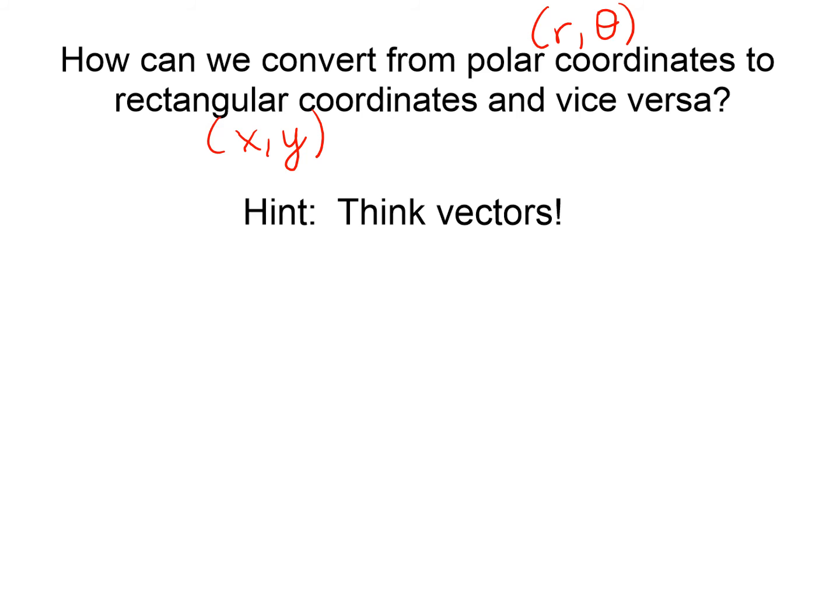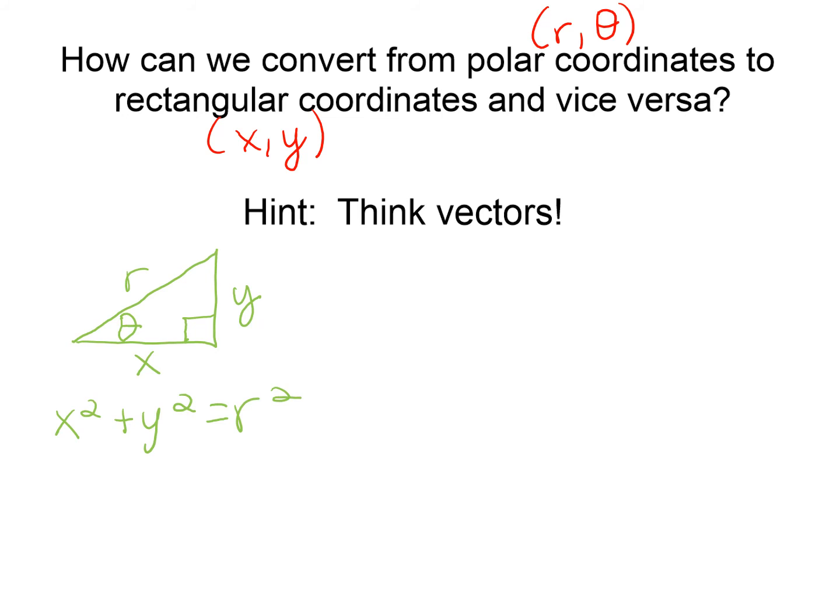You may remember me drawing a triangle, and we talk about that this is theta, our horizontal is x, our vertical is y, and then we can use r for the hypotenuse. From the Pythagorean theorem, we know that x squared plus y squared is equal to r squared.